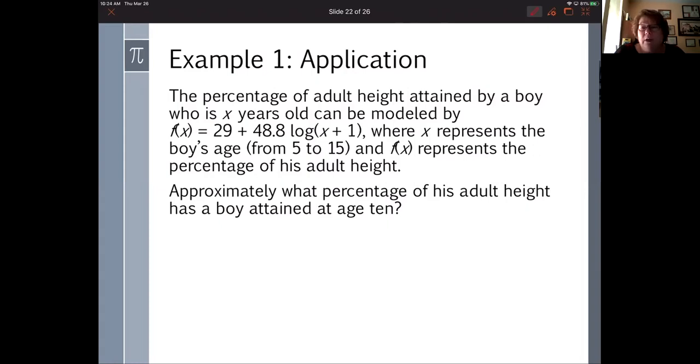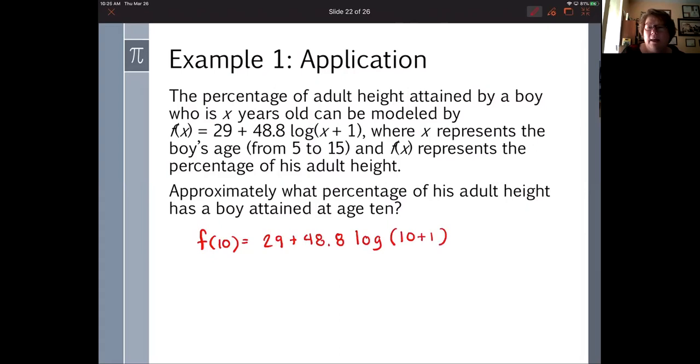So you are looking for the value of the function when x is equal to 10. X is the age of the boy. F of x is the percentage of his adult height. So we're wanting to evaluate f of 10, and that's going to be 29 plus 48.8 times the log of 10 plus 1.